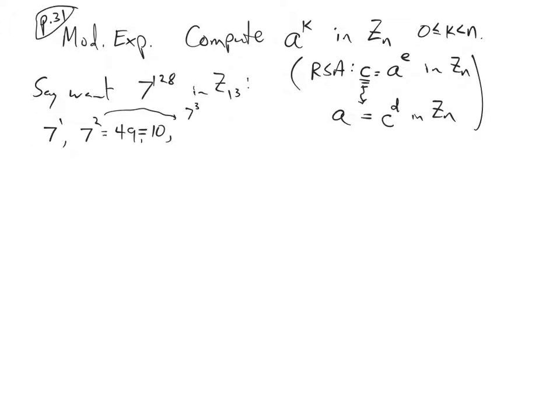So 7 times 10 is 70, which turns out to be 5. Then we'd multiply that by 7 and get 35, which is 9. And then we multiply that by 7 to get 63, which is 11. Then we'd multiply that by 7, and so on. So we'd obviously have to do 128 steps.